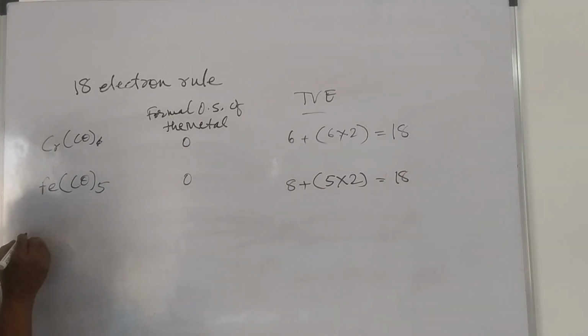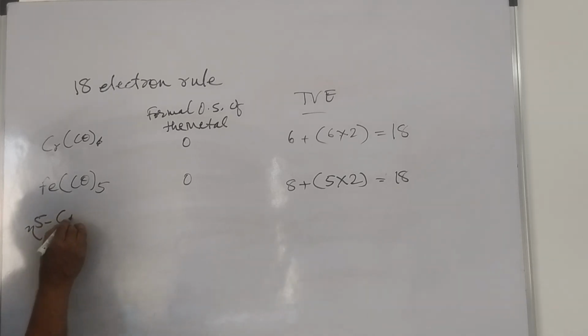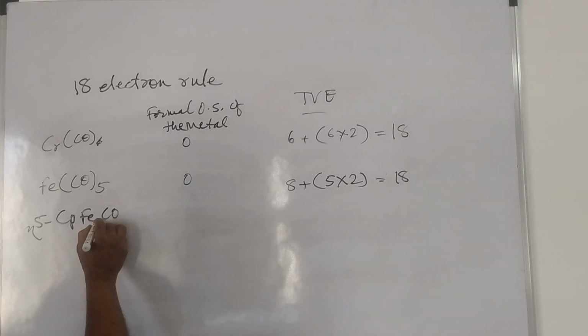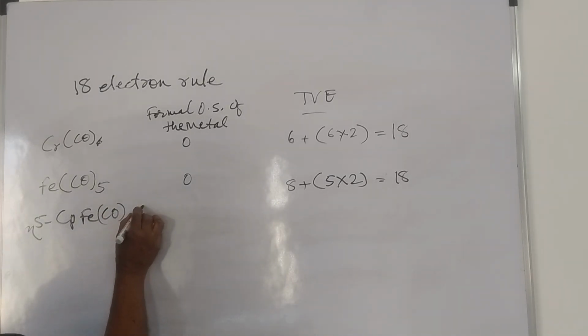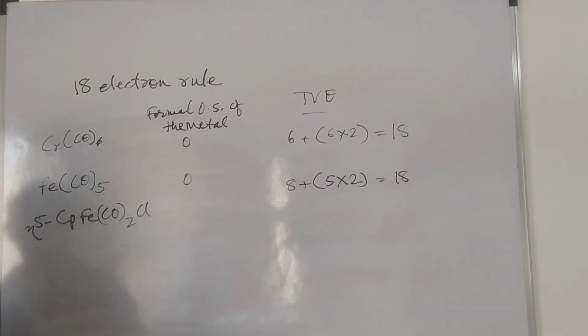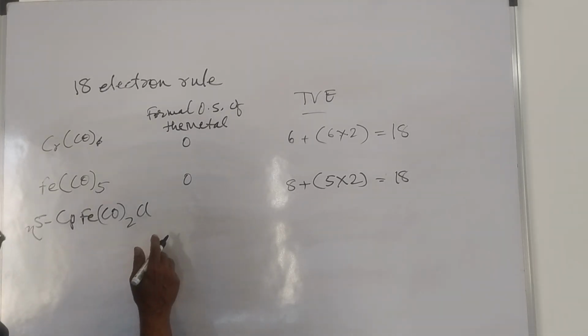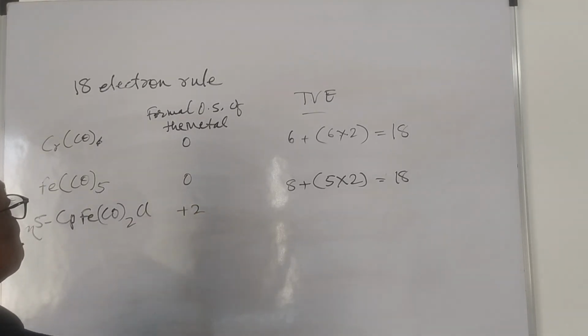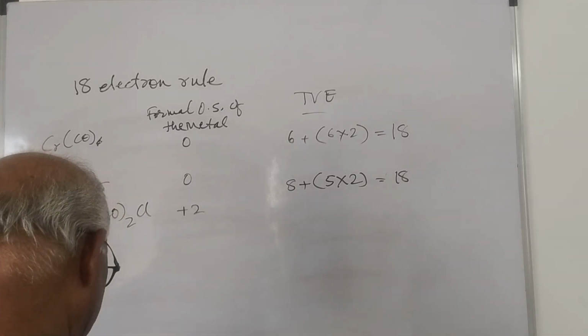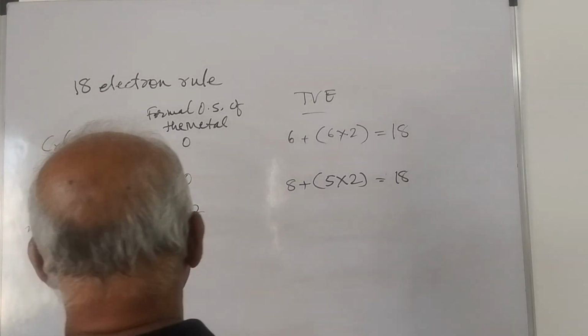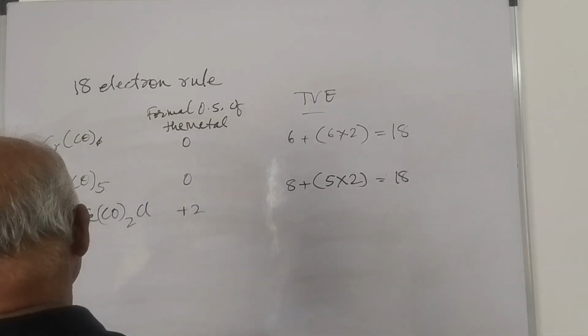Then if we take another example, eta 5 Cp, cyclopentadienyl, Fe(CO)2Cl. Here this complex has +2 formal oxidation state, and the electrons contributed are like this.